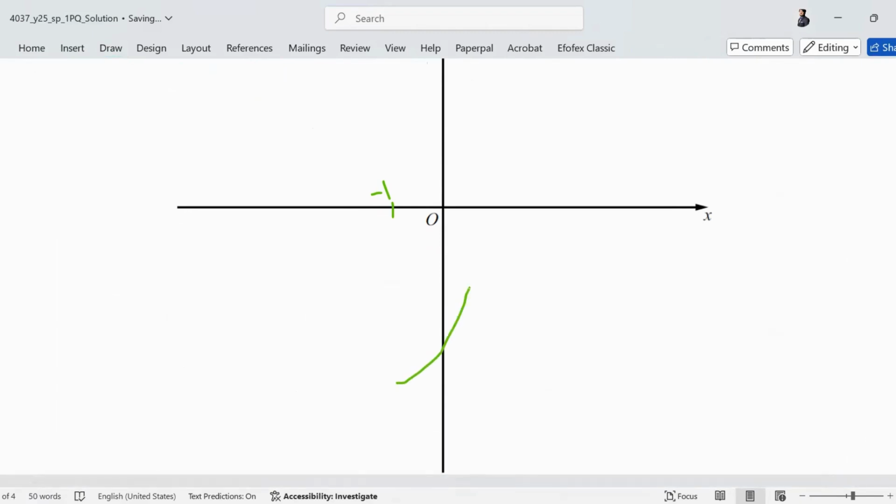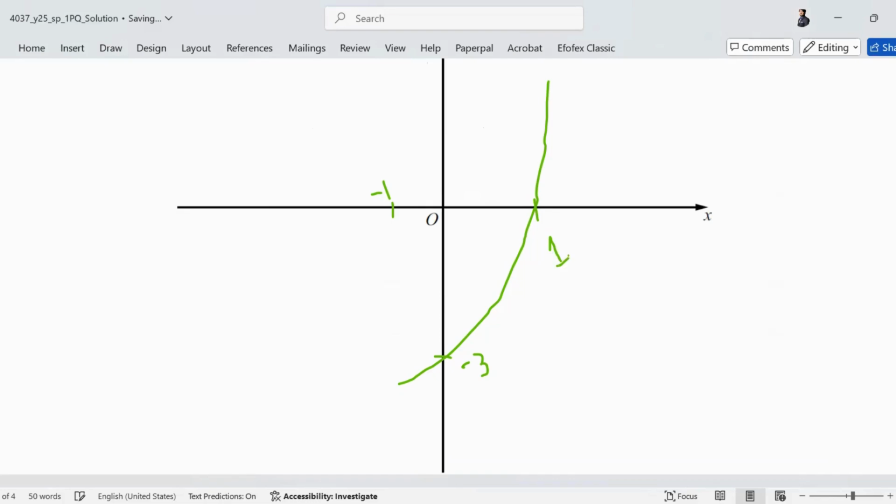It is supposed to be a happy face. Just made it a little more steep than it should be. Now this is −4 and it is cutting over here at −3.